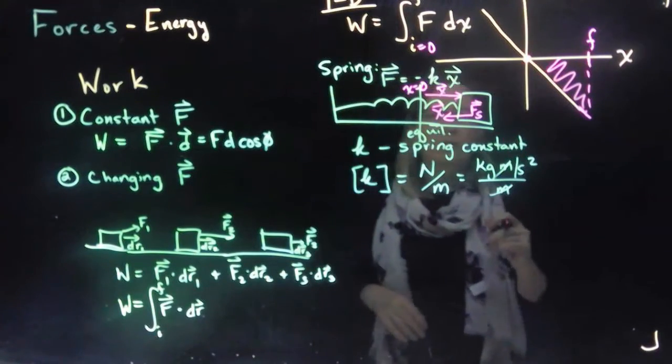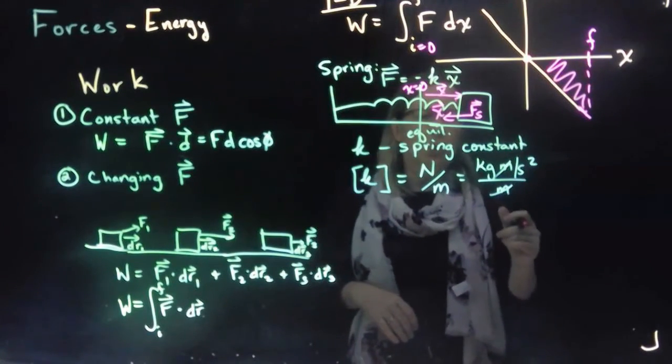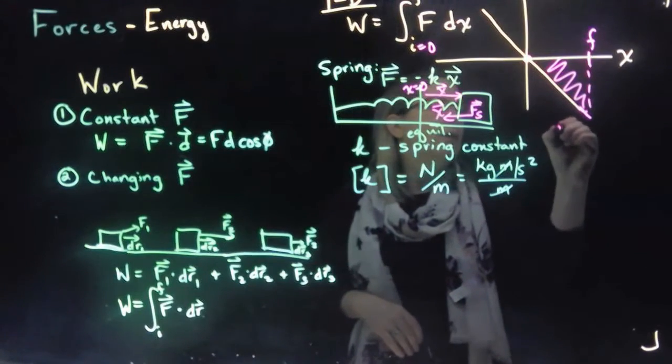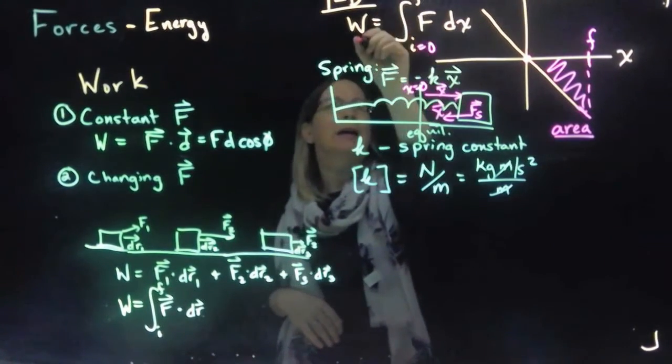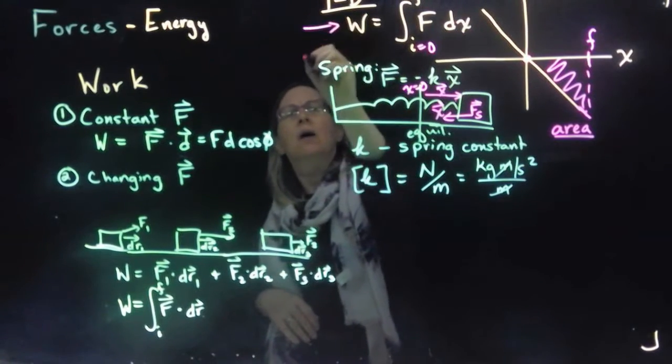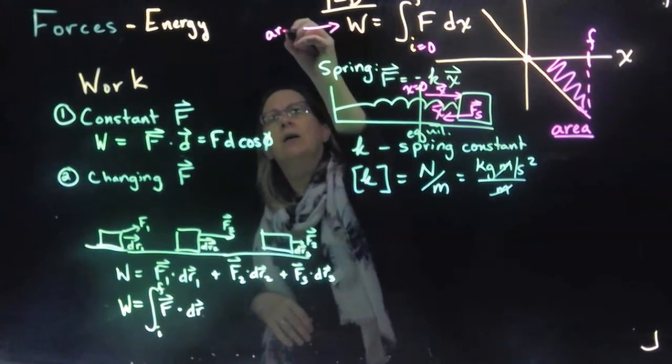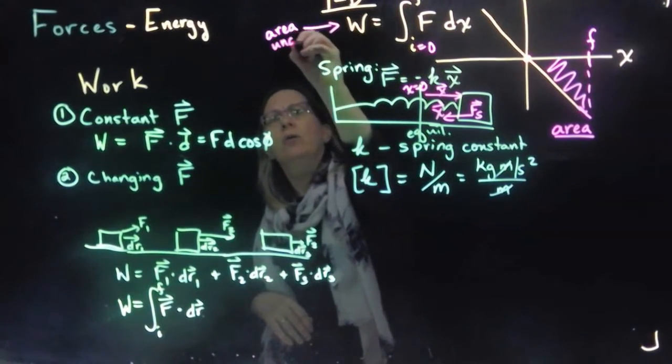And so that area is pretty easy. It's the area of a triangle, so the work is the area under the curve. That's what this integral is. So an integral we calculate is the area under a curve.